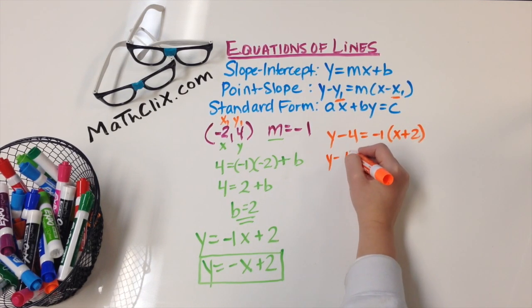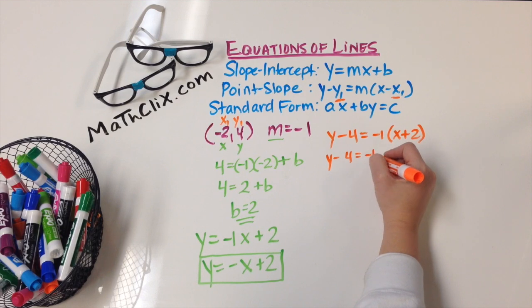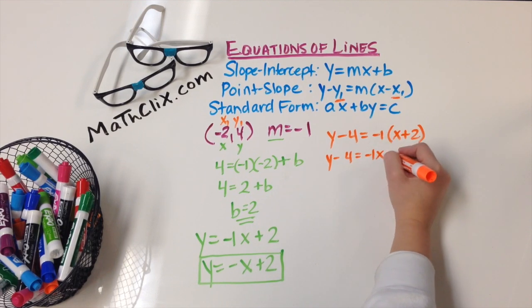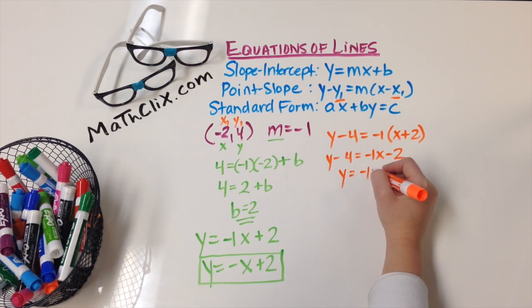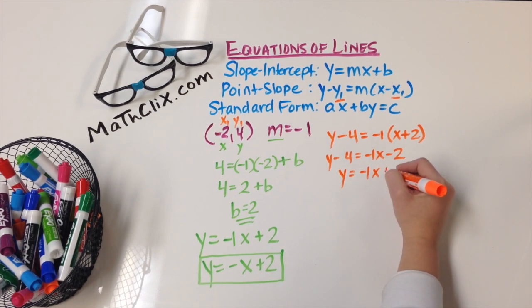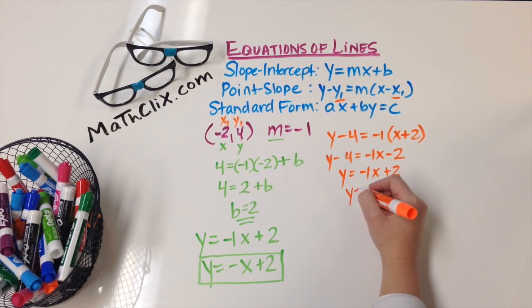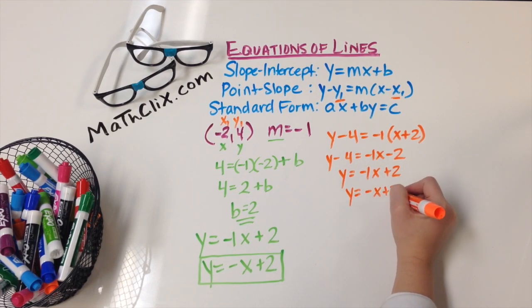So that's y minus 4 equals -1x, -2, and then you'll add the 4. And 4 minus a 2 is +2, and once again we can just write this as y equals -x plus 2.